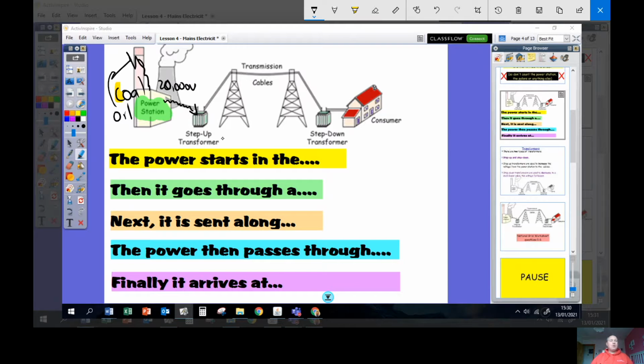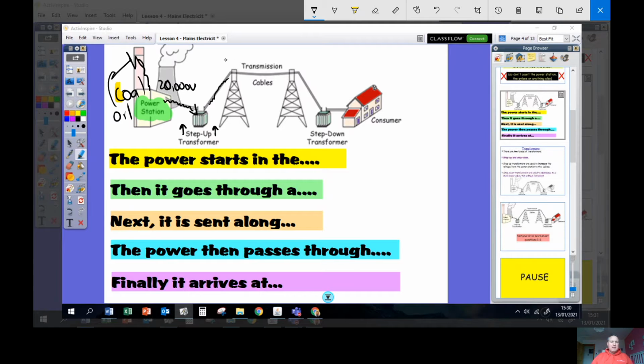Now, when that power goes through the step-up transformer, the clue is in the name, it actually increases the voltage. So it comes out of the power station, but before it gets sent along the cables, it gets its voltage increased.